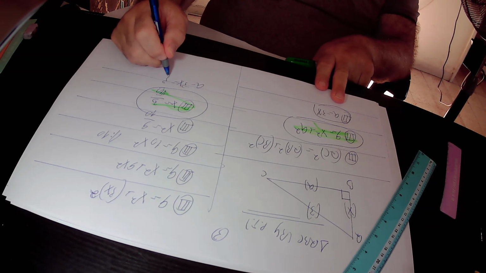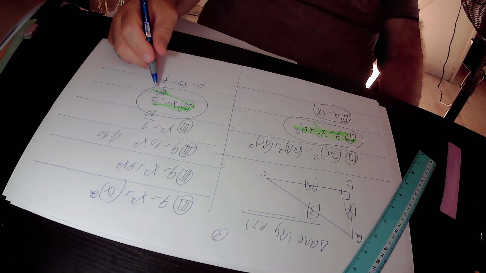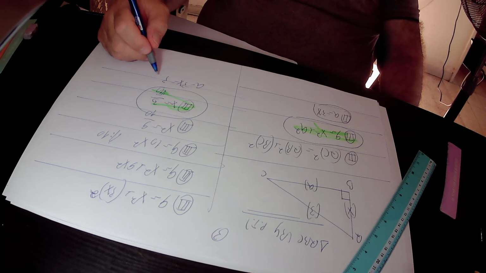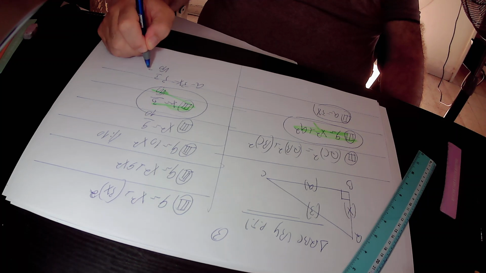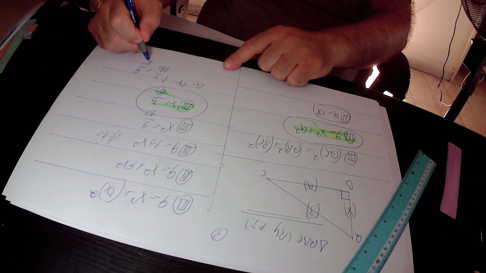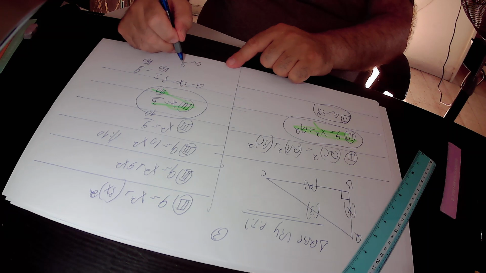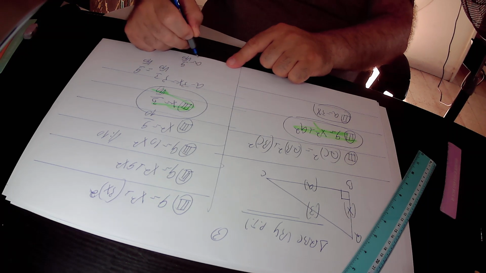So a equals 3 times x, and x is 3 over square root of 10. So a equals 3 times 3, that is 9, over square root of 10. So a equals 9 over square root of 10 units in its length.